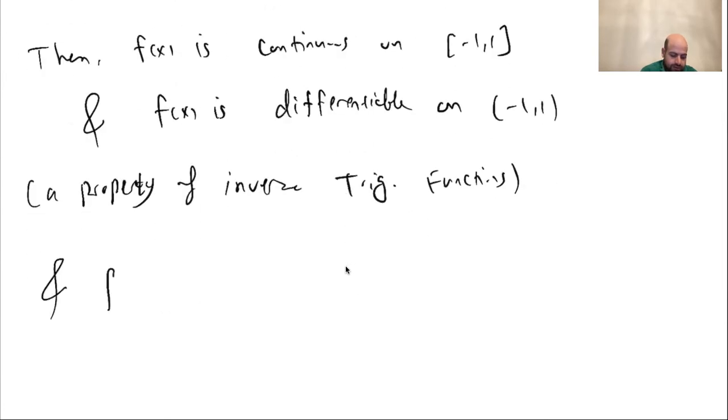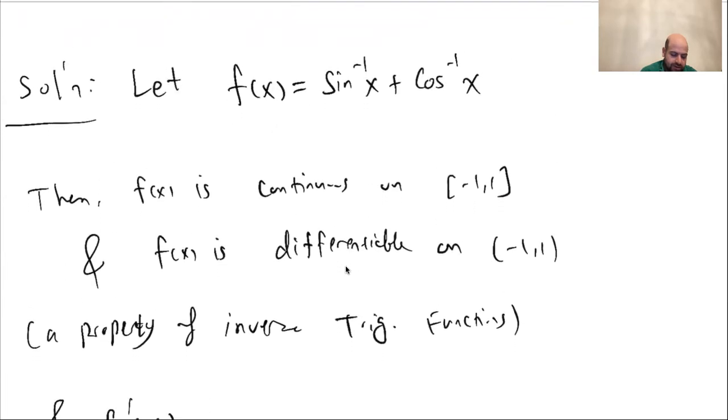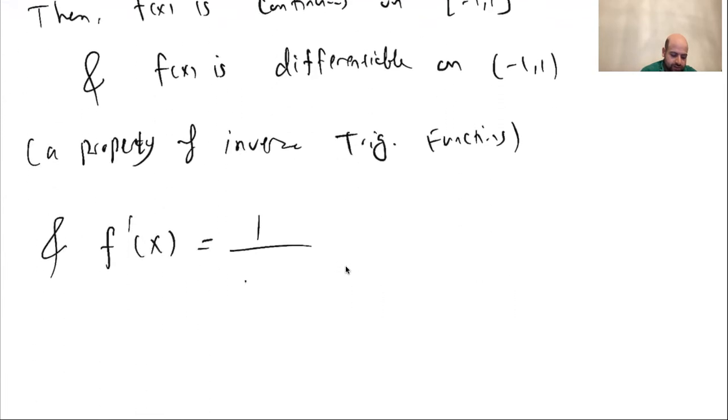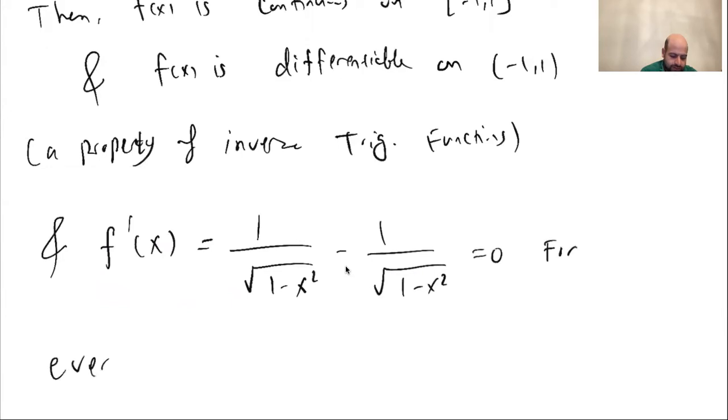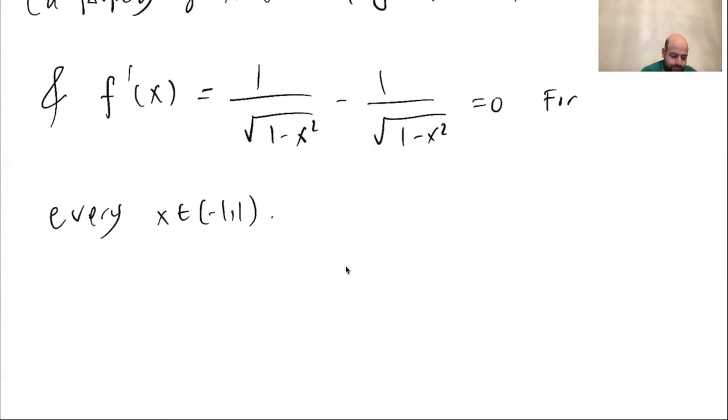And also F prime of X is equal to what? What is the derivative of this function? The derivative of sine inverse X is 1 over root 1 minus X squared. The derivative of cos inverse is minus 1 over root 1 minus X squared, which is 0 for every X in the open interval minus 1 to 1.